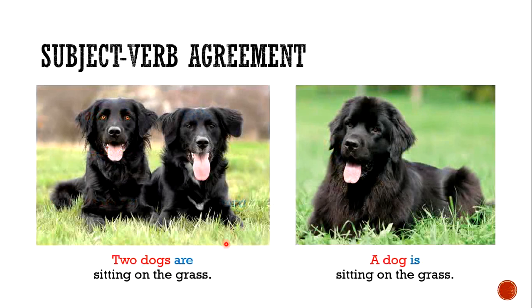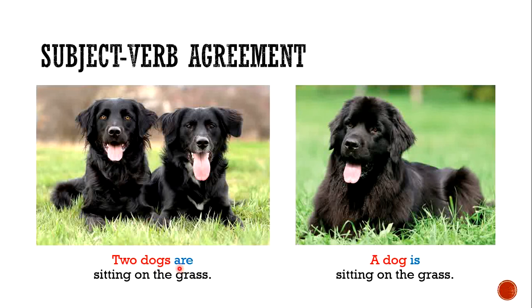Look at this. In the first picture, in the sentence, if you read, two dogs are sitting on the grass. This one is the subject, two dogs, and here "are" is the verb. Two dogs, it is a plural subject.